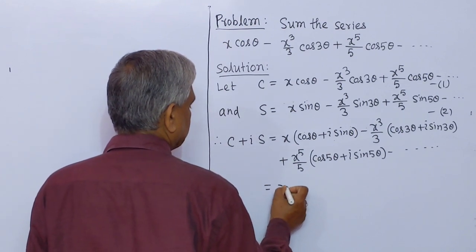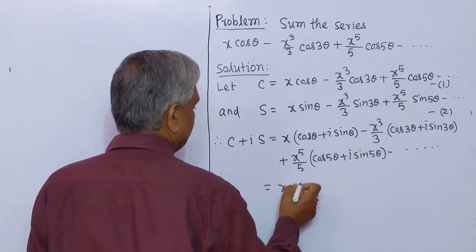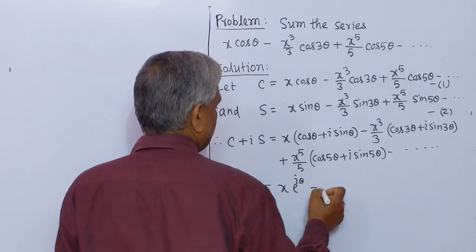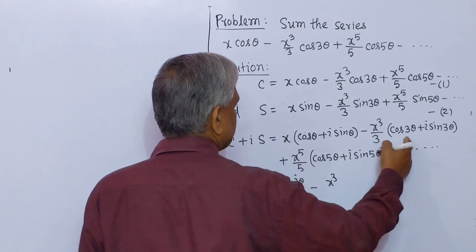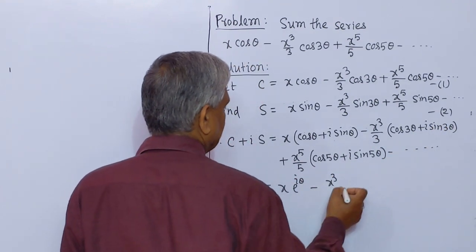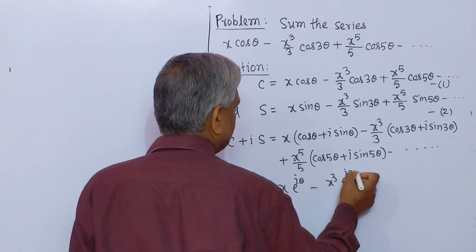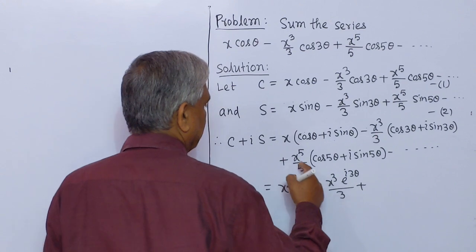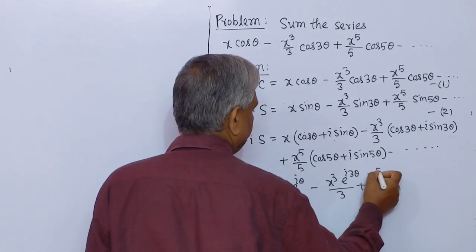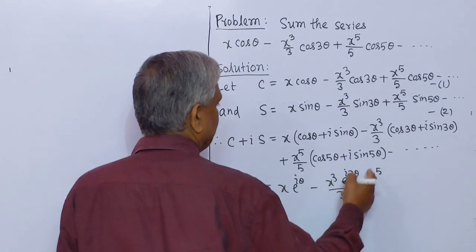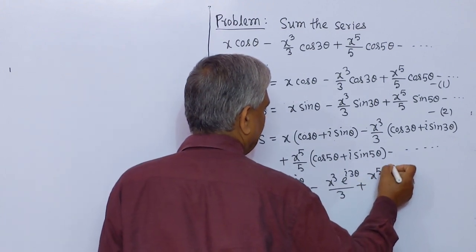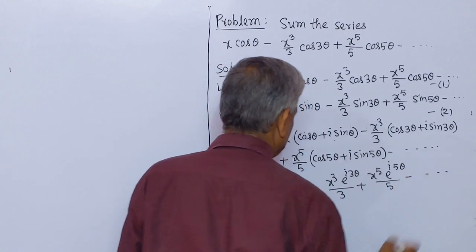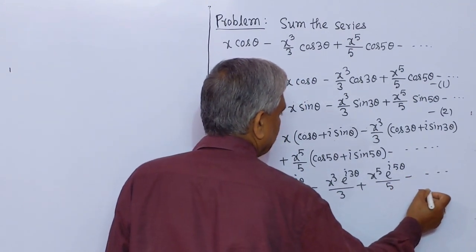This is equal to x times cos theta plus i sin theta, which is e to the power i theta, minus x cube times cos 3 theta plus i sin 3 theta, which is e to the power i 3 theta, by 3, plus x to the power 5 times cos 5 theta plus i sin 5 theta, which is e to the power i 5 theta, by 5, minus dot dot dot. This is number 3.